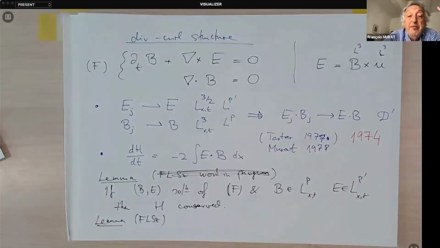You can find the case that you mentioned. This is a case where you are in L^p' in x, t together.